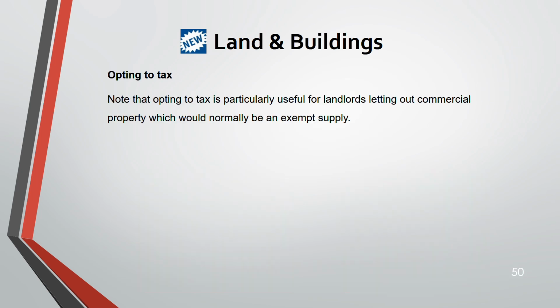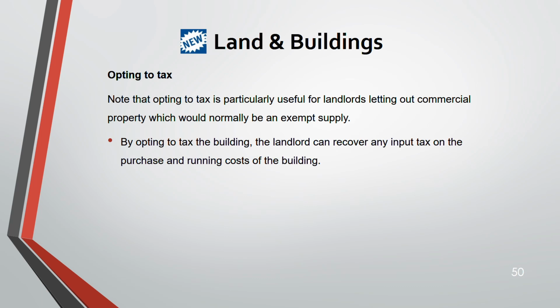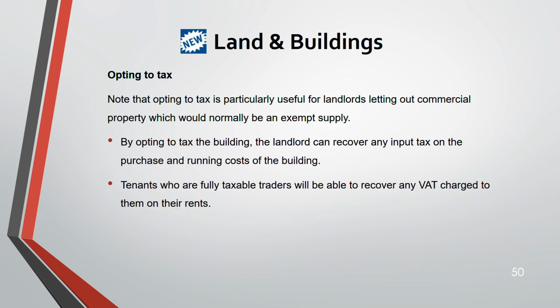Next, note that opting to tax is particularly useful for landlords letting out commercial property, which would normally be an exempt supply. Why? Because you can recover input tax. Main advantage, you can recover input tax on the purchase and the running cost of the building. Tenants who are fully taxable trader, they also can recover any VAT charge on them for their rent.